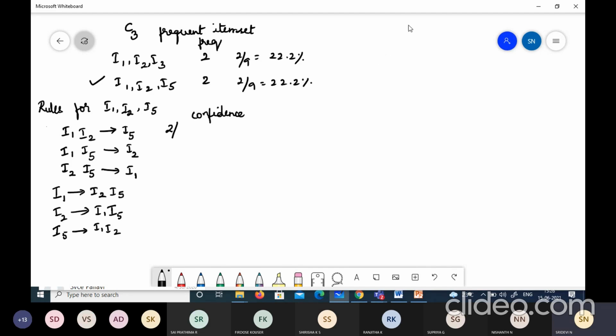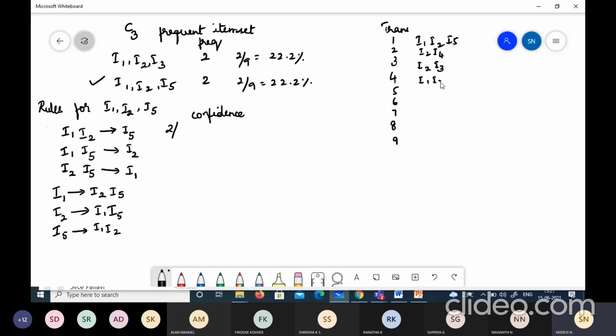Should I write on that here? So we have transactions 1, 2, 4, yes, correct, 7, 8, 9. So items purchased will be I1, I2, I5. Then we have I2, I4. Then I2, I3.